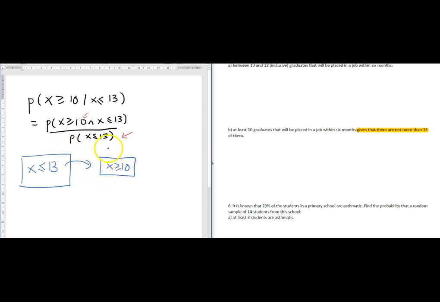So this second case, this is the first, this is the condition. The condition is normally the bigger picture, and the probability they ask us to look at is out of the not more than 13 in this case.